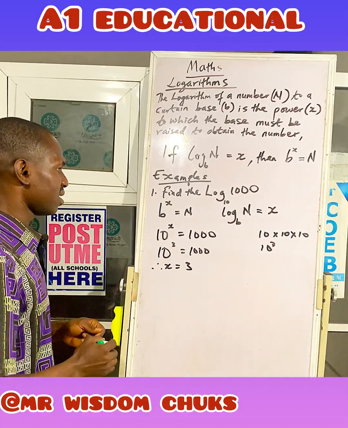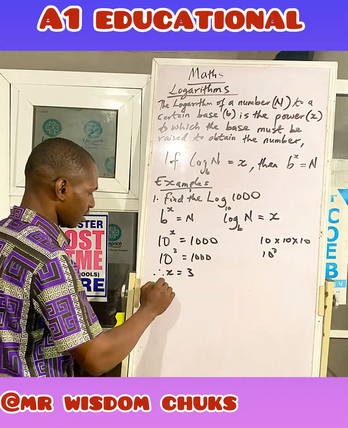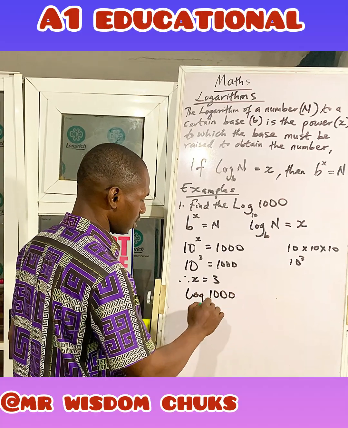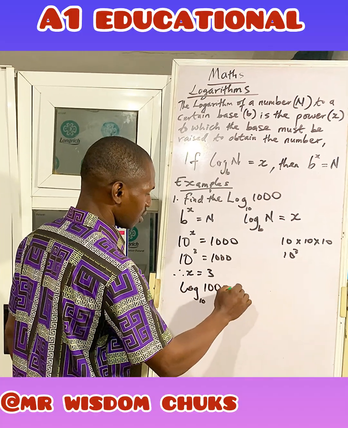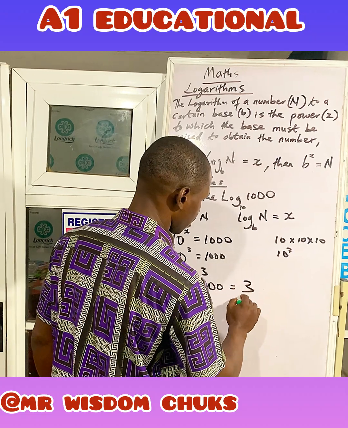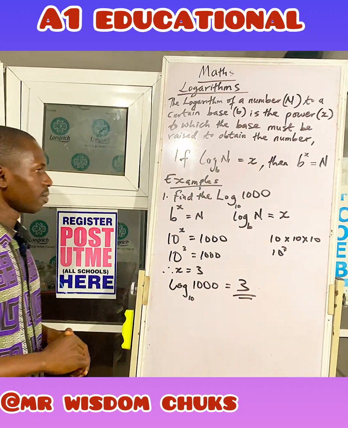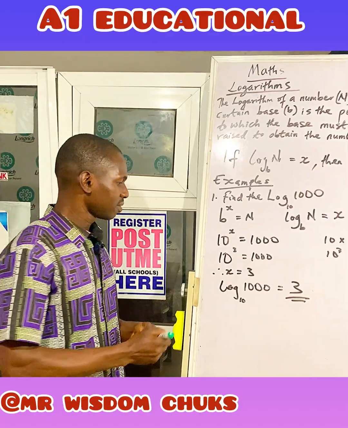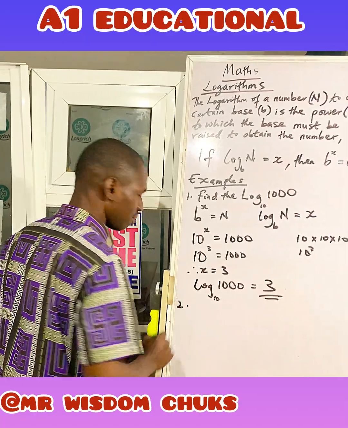So from this instance, the logarithm of 1000 in base 10 equals 3. Let's take another example.